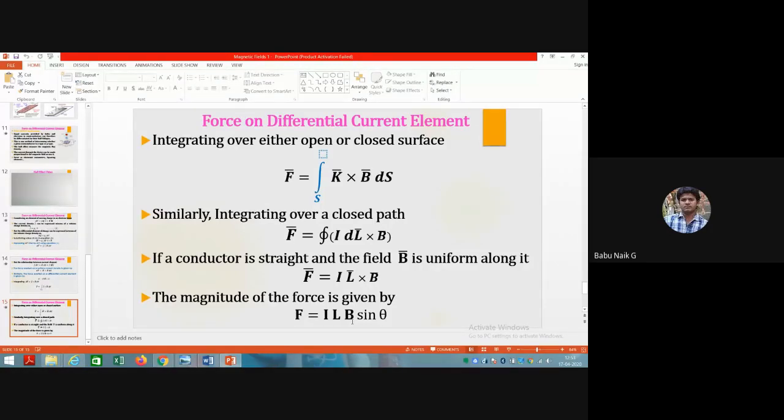Theta is the angle between the vector representing the direction of the current flow, which is current I, and the direction of the magnetic flux density. From this you can calculate the force on a differential current element, and this is one main concept of the Hall voltage or Hall effect.